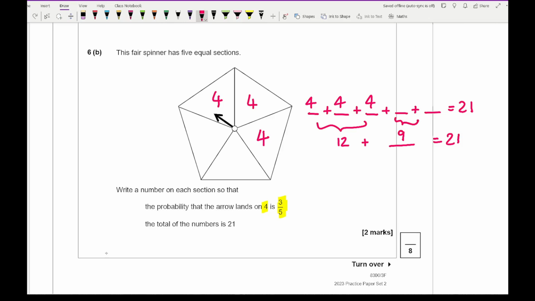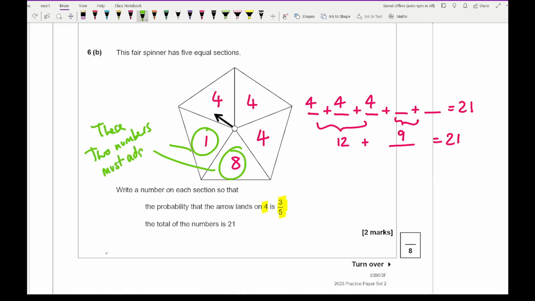You could go negative, but I would probably play it safe and go for 1 and 8. But again, there's loads of different combinations you could have. Let me just write this down. So these 2 numbers must add up to 9.